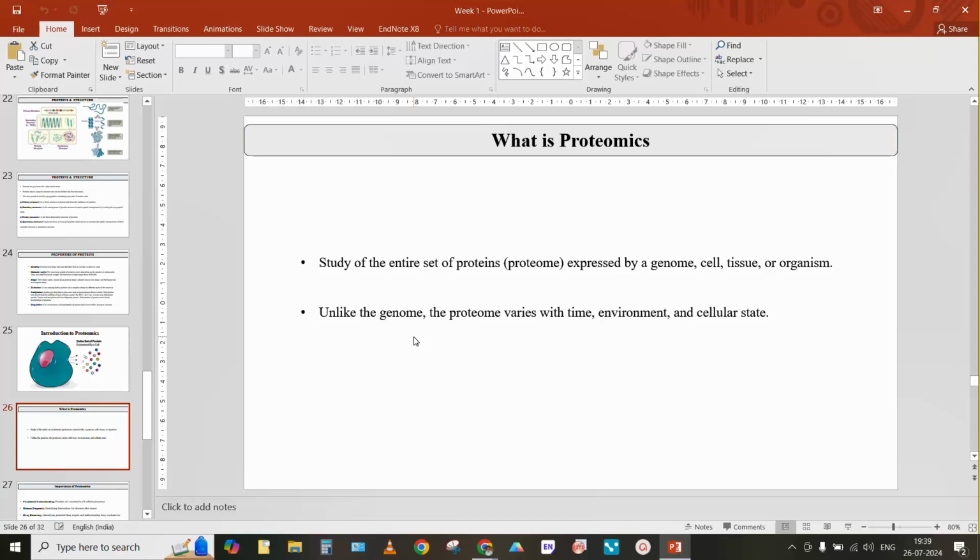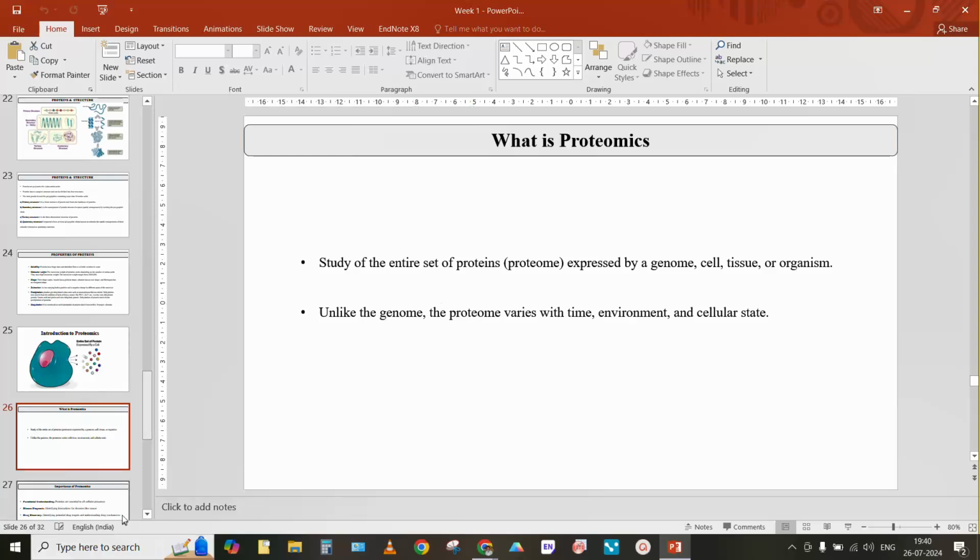The term proteome refers to the entire set of proteins expressed by a genome or any tissue. Unlike the relatively static genome, the proteome varies from cell to cell and from time to time, reflecting the organism's dynamic responses to different conditions.